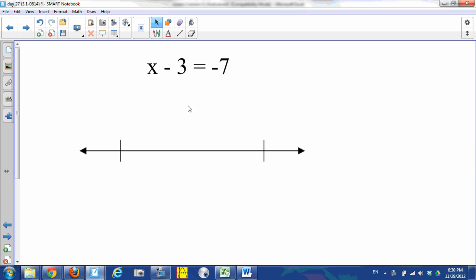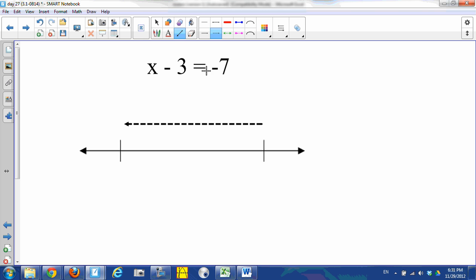So thinking about this, we're going to set this up as, well, subtraction. I'm actually going to use a takeaway perspective here. So I'm taking away 3 from x. Taking away, of course, means that we're moving backwards on the number line.